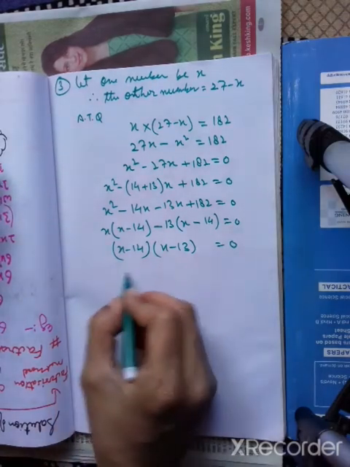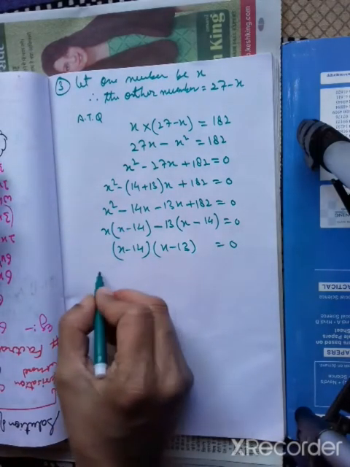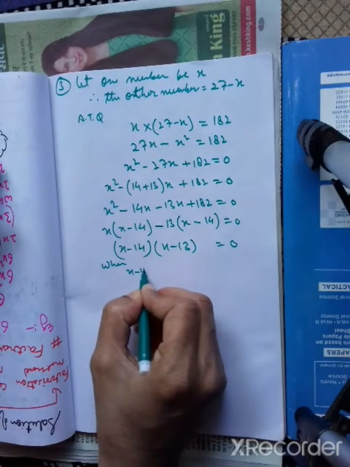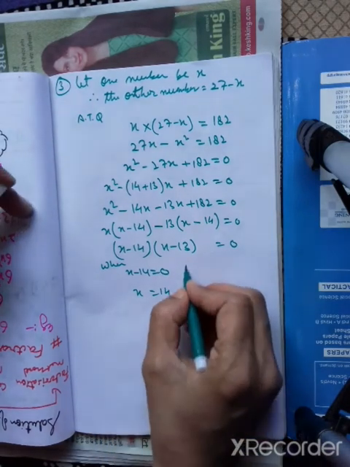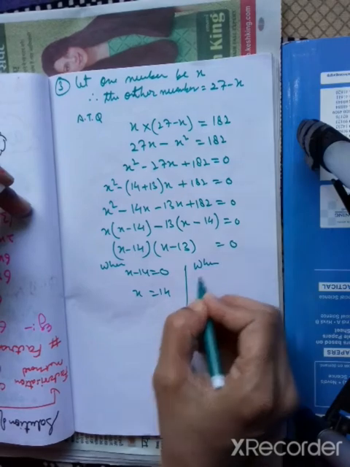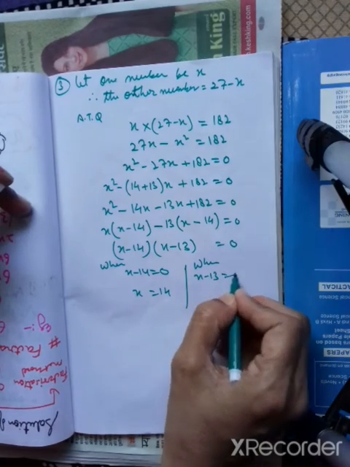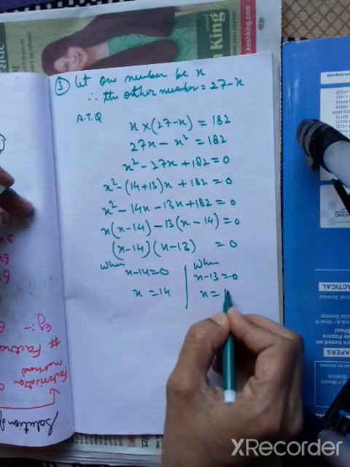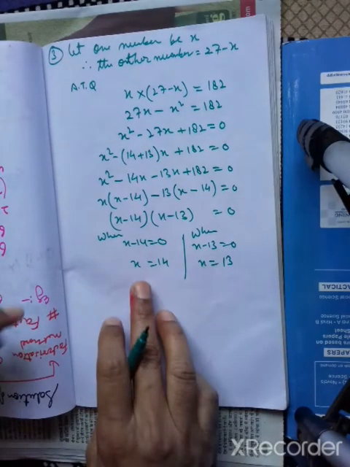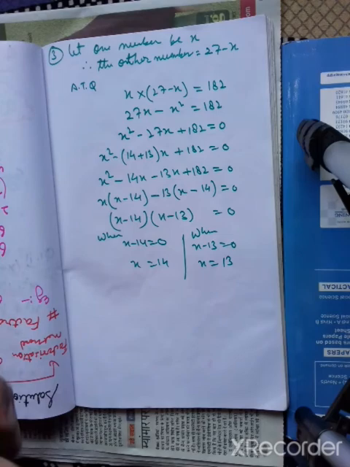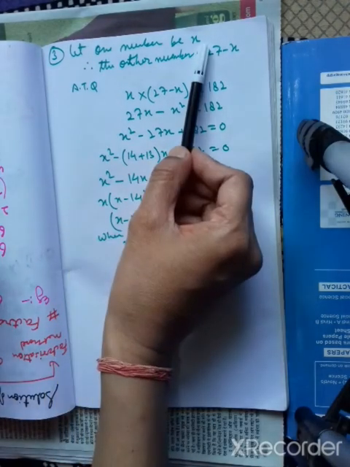So when x minus 14 equals to 0, x is 14, and when x minus 13 equals to 0, so x equals to 13. So how are we going to write our answer here? Our number was x.